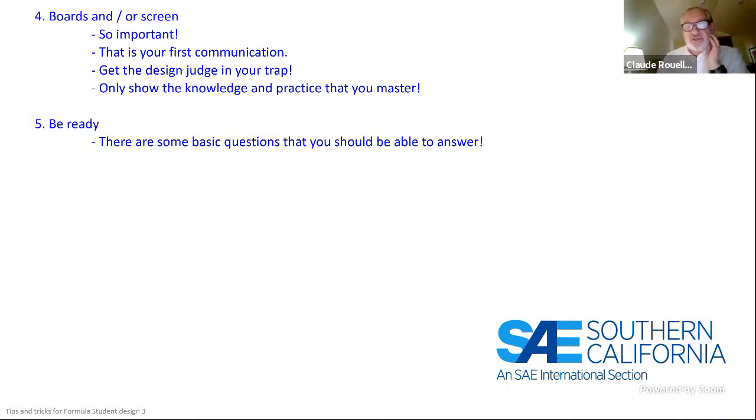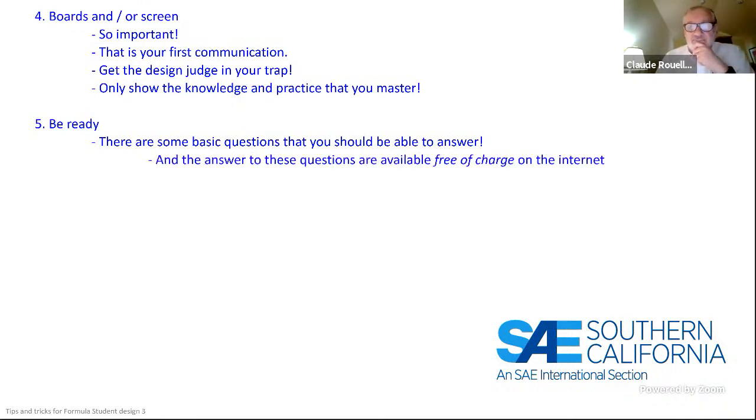I have no idea how you design your car. The answers to these questions are available free of charge on the internet. That's what is frustrating to me. It means that if you are not able to answer these very basic questions, you didn't do the minimum indispensable research. There are some definitions you should know, as I said: control, stability, coefficient of friction, and so on.